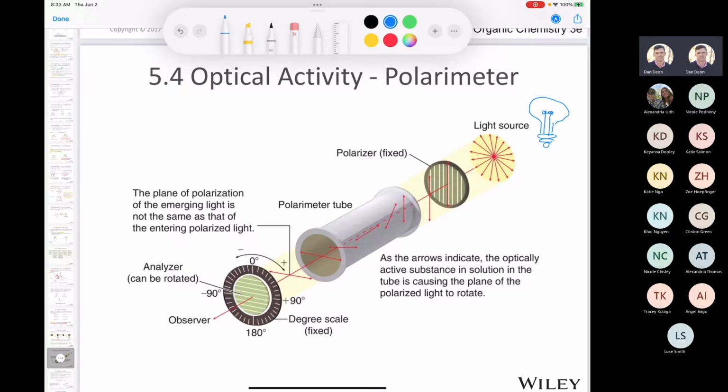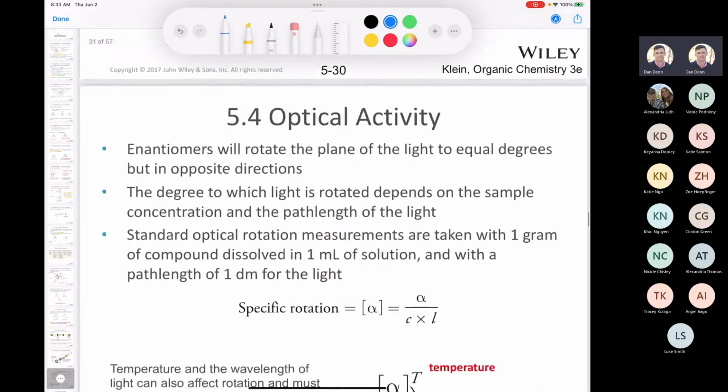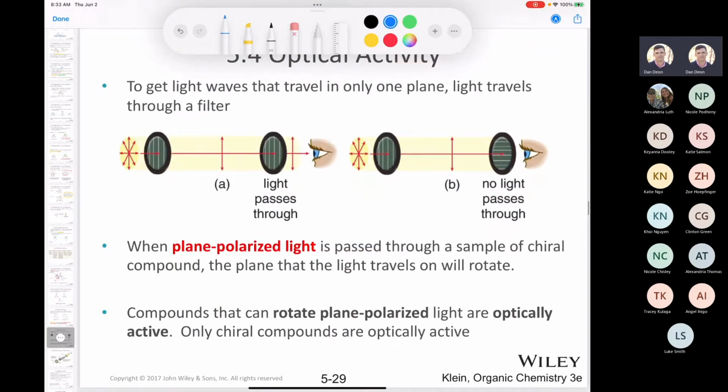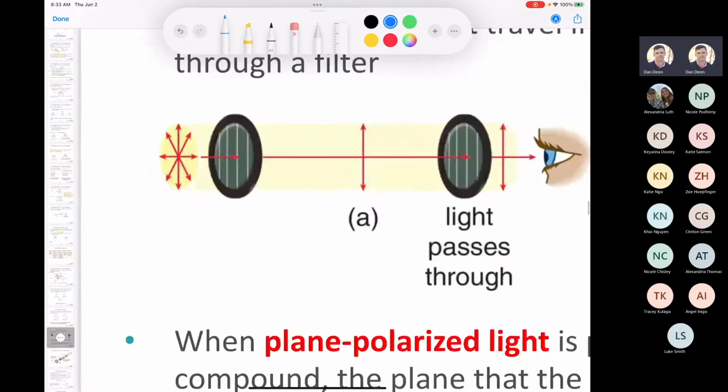We know that light travels in waves. Light is electromagnetic radiation, and so it has an electric field component and a magnetic field component. But we know that those waves move in specific planes. Now, I don't have the planes in here, but we know that light travels in all these different planes. Okay, it can travel in this plane, it can travel in this plane, etc., etc.